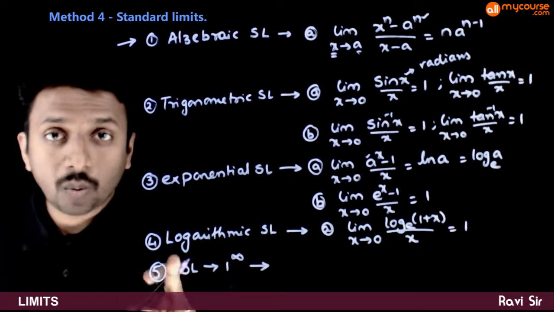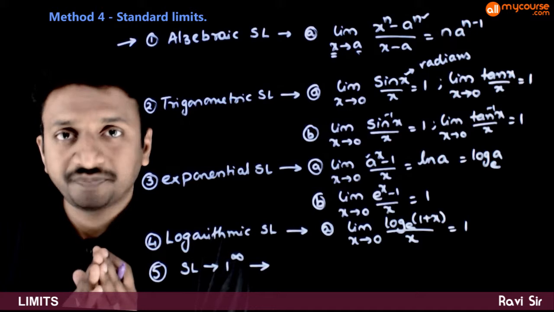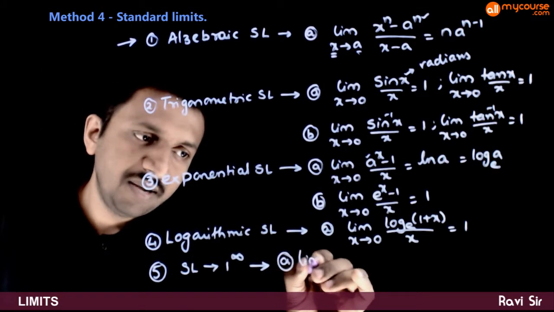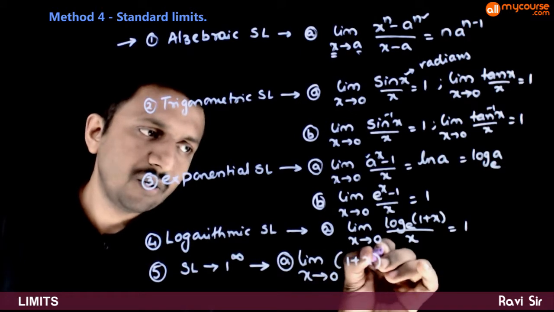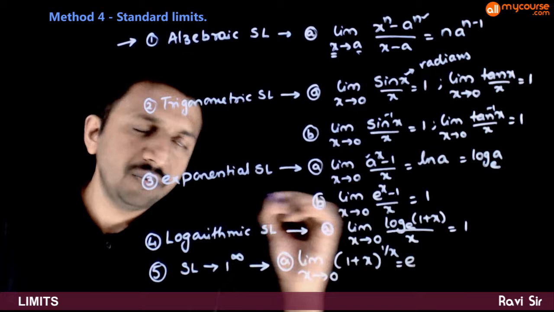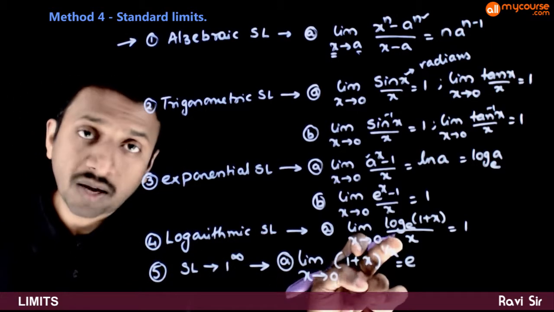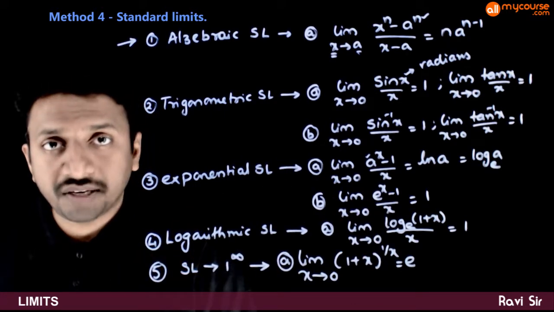And last, you have standard limits of the type 1 power infinity, where indeterminacy is of the type 1 power infinity. In this you have 2 formulas. Limit x tends to 0, 1 plus x whole power 1 by x is equal to e. As x tends to 0, 1 by x tends to infinity, so the indeterminacy is of the form 1 power infinity.